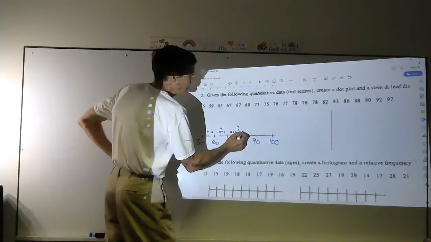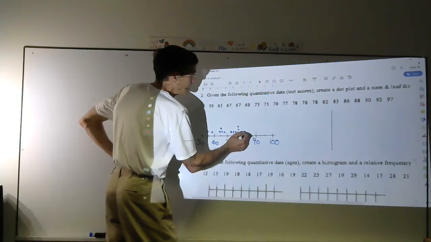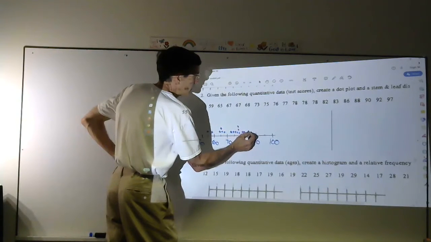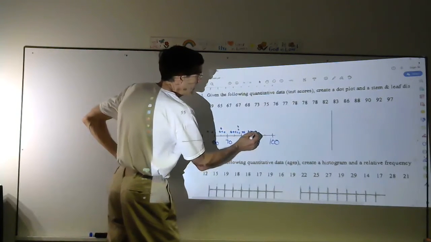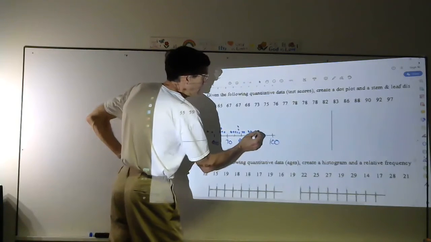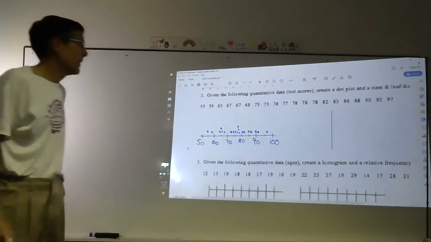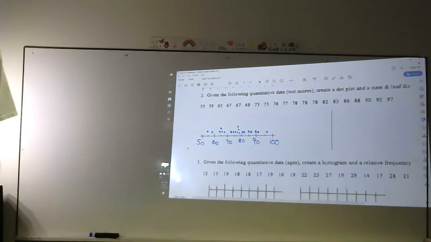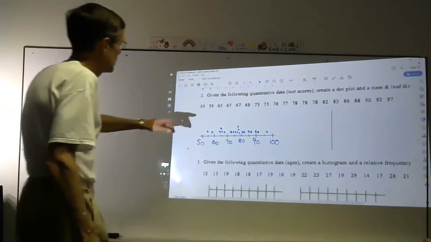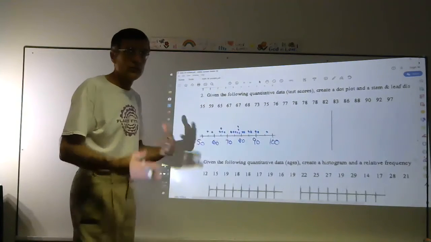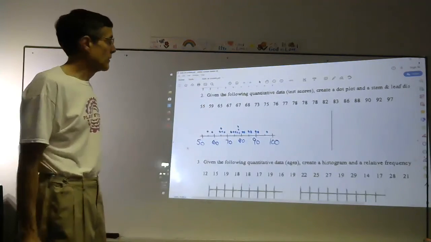Okay, 82, 83, 86, 88, and we have 90, we have 92, and 97. And that is called a dot plot. It kind of looks like a bar graph, doesn't it? Because as you get more of one kind, your dots get higher. So it's somewhat like a bar graph.